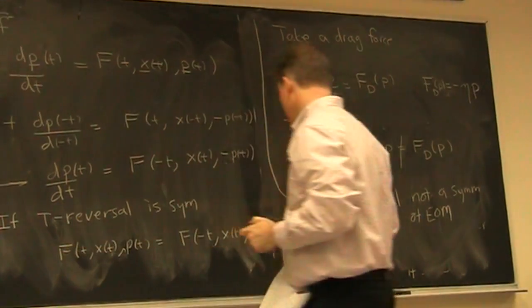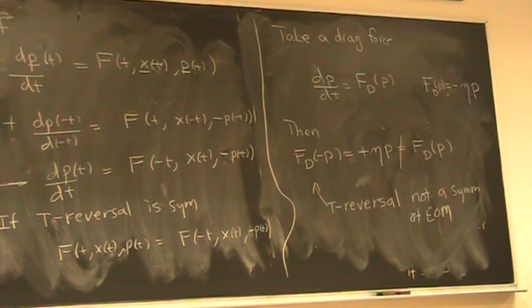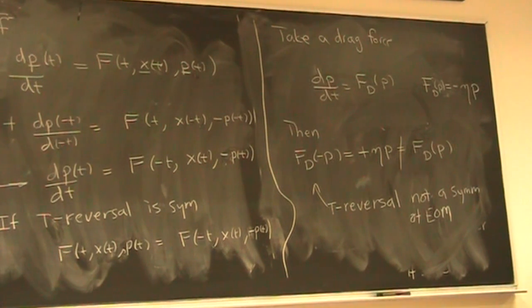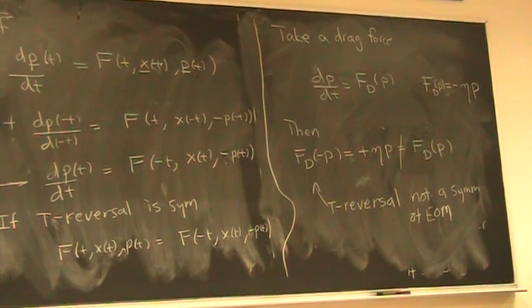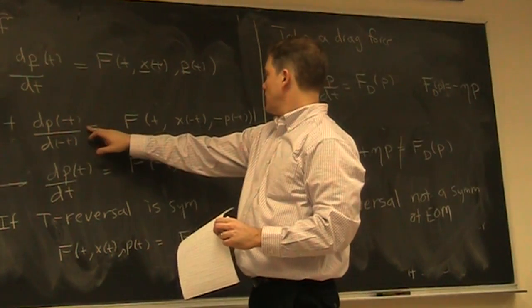In the middle of the chalkboard, you exchange t for minus t in dp/dt, but then isn't the result still evaluated at minus t? So again, in this line, yeah.